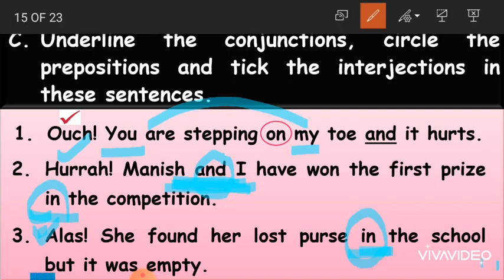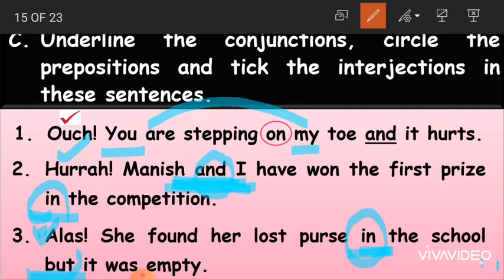Conjunction, but. But is conjunction. So underline. She found her lost purse in the school. It was empty. And we made these two sentences as one, saying that she found her lost purse in the school, but it was empty. So but becomes our conjunction. Understood, children? Clear? Yes.